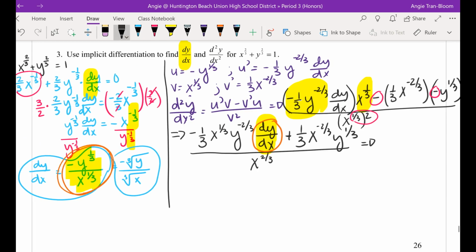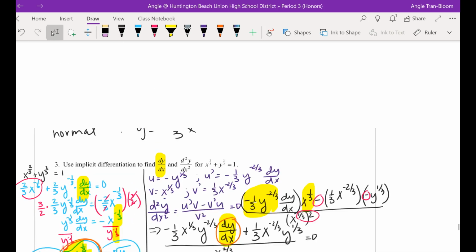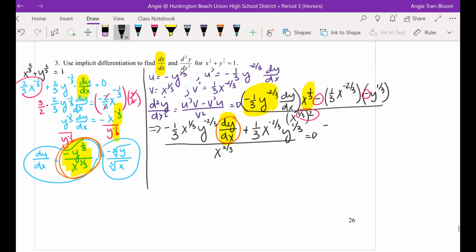Okay. So pinch it in so I can see what the whole dy dx is. Negative 1/3 x to the 1/3 y to the negative 2/3 for dy dx. Here we go. Negative y to the 1/3 all over x to the 1/3.